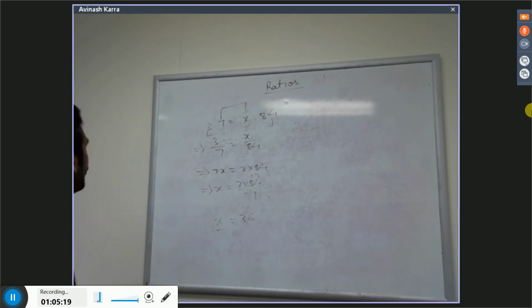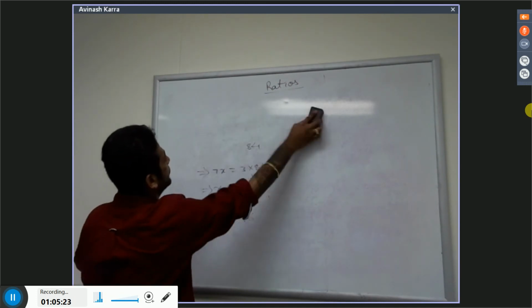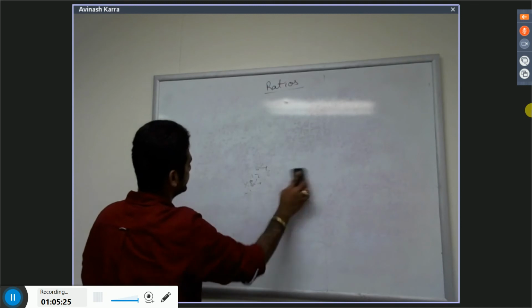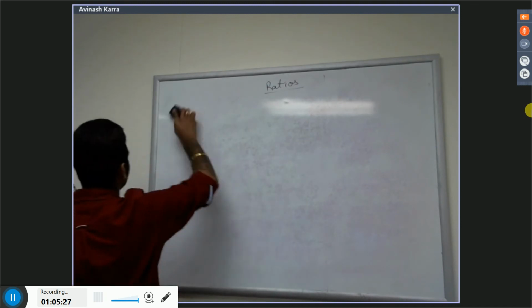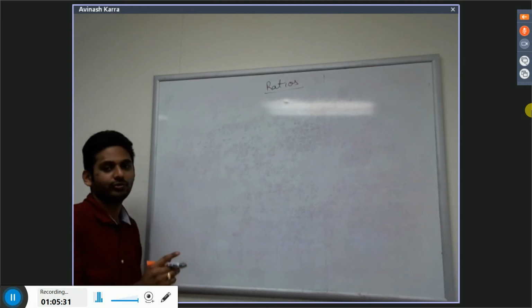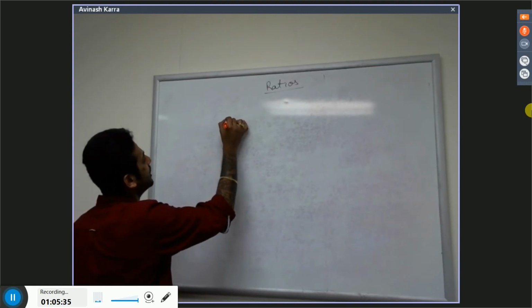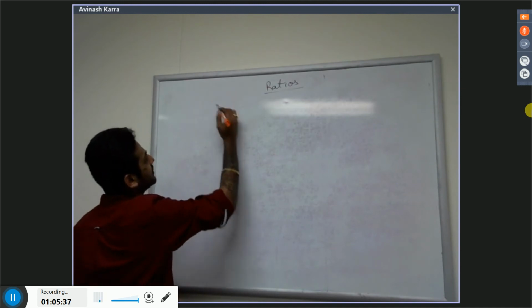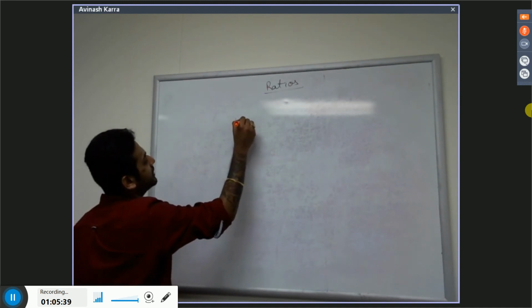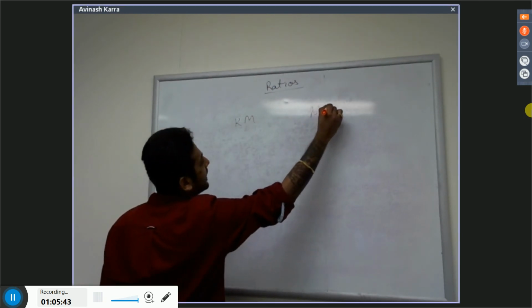And how to convert from one unit to another unit. So, simple basic conversion. Let us take one kilometer, mile.